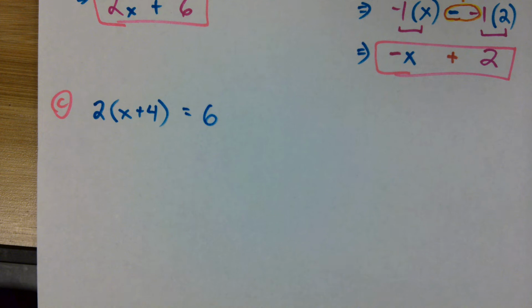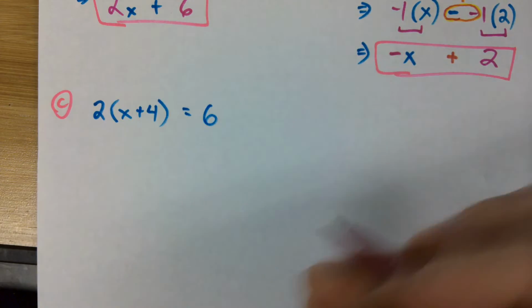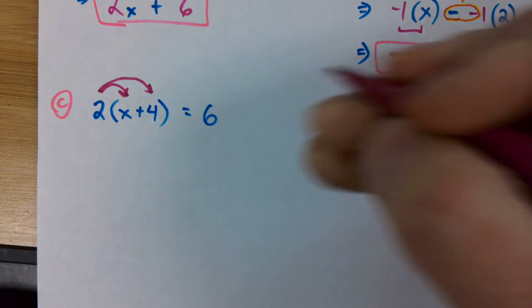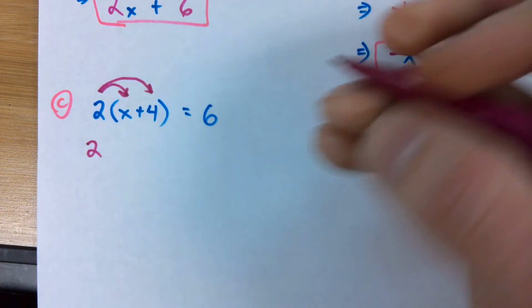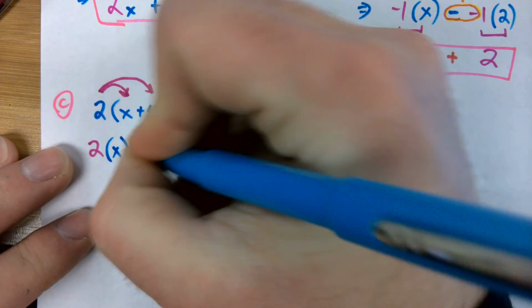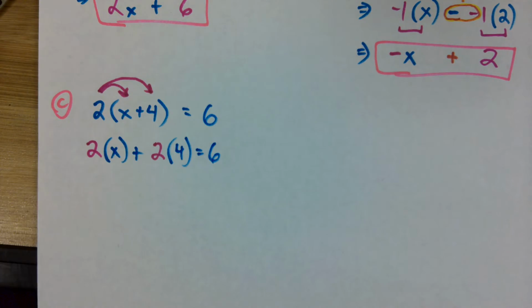Same exact procedure that we just did in examples A and B, except once we get our simplified expression, then we're going to go ahead and solve for x, because we have an equal sign, right? So let's distribute this 2. It's going to multiply by the 4, and it's going to multiply by the x. So we'll have 2 times x plus 2 times 4 equals 6.